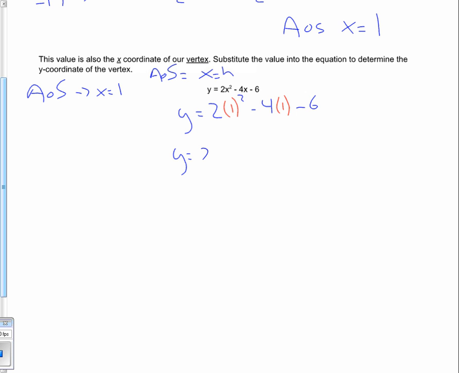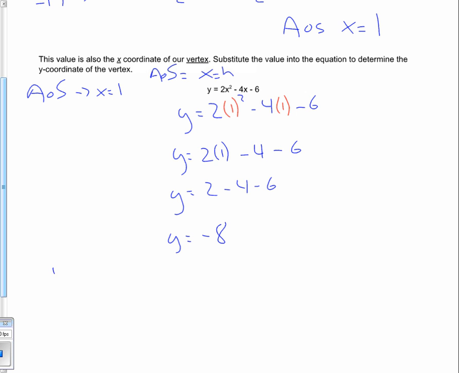So 2 times 1, because 1 squared is just 1, minus 4, minus 6. So y is going to equal 2 minus 4 minus 6. So y is going to equal positive 2 minus 4 gives me negative 2. Negative 2 minus 6 gives me negative 8. Okay, so the y value at the vertex is going to be negative 8.